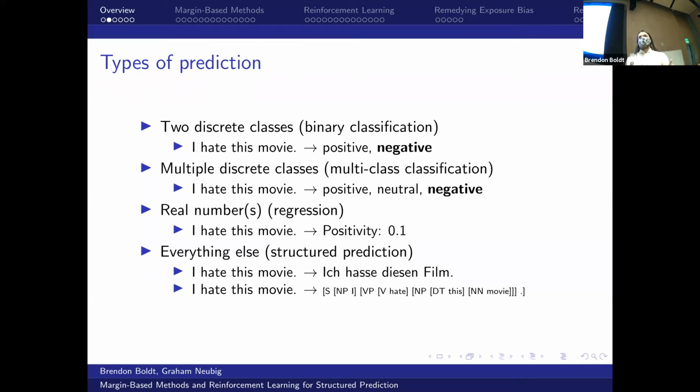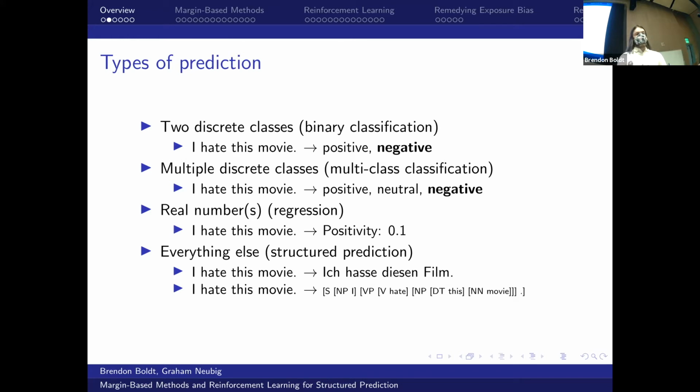The sort of catch-all term for all the other kinds of prediction that we tend to find in NLP is structured prediction. To a certain extent, you could see this as having infinite labels or infinitely many classes or exponentially many labels, but it's more than just having that. It's that these predictions usually have some sort of internal structure that isn't just a real number or a set of classes.